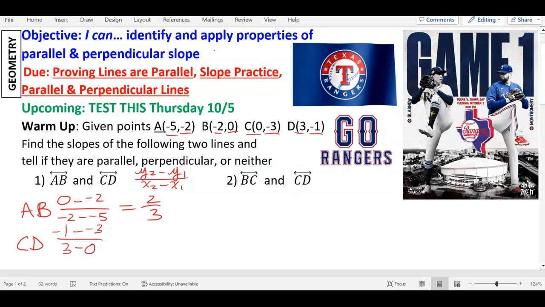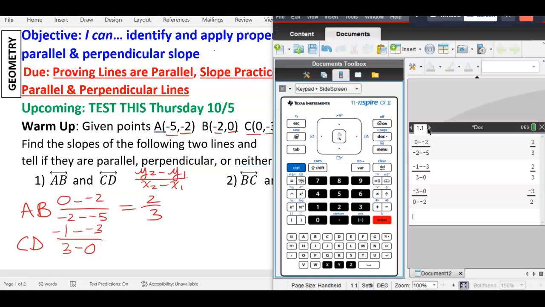What, are you mad? Don't be mad, it's just math. And then can you go to your calculator, type it in, -1 minus -3 over 3 minus 0 gives you, when I typed it in earlier, I got 2 over 3, okay? Everyone see how I'm getting these numbers. I'm using the formula, right? Right? I'm putting it in, typing them in. Now, that second one for CD, I got 2/3.